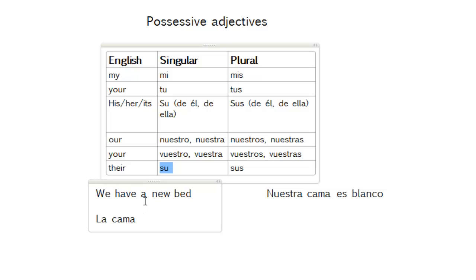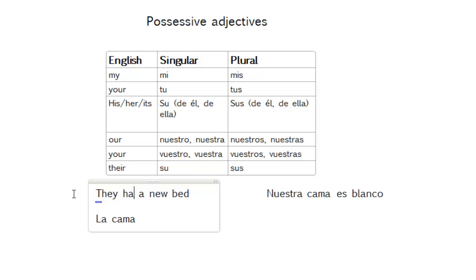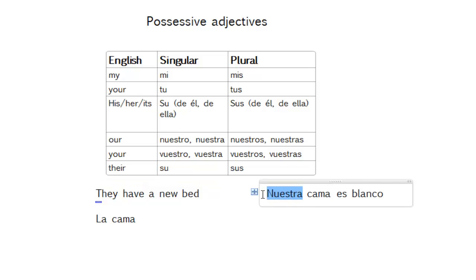So if they have a new bed, they're going to say su cama.